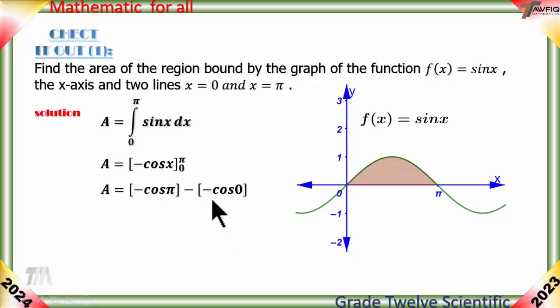It becomes minus cosine 0. As we know, the value of cosine pi is minus 1, so it becomes minus (minus 1) minus (minus cosine 0). The cosine of 0 is 1. Simplifying, it becomes 1 plus 1, which is equal to 2.